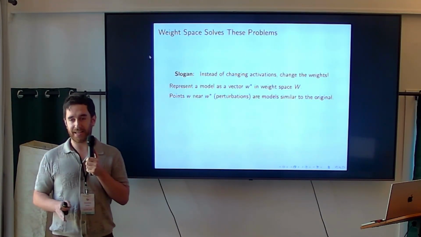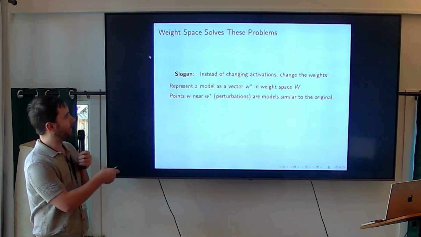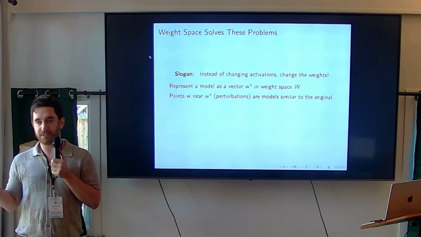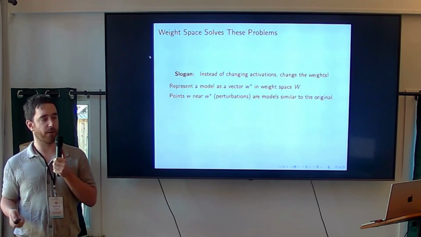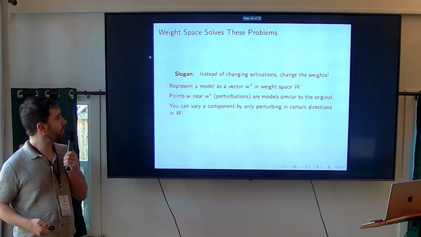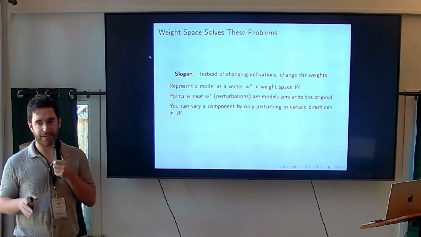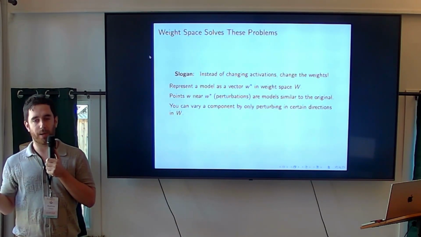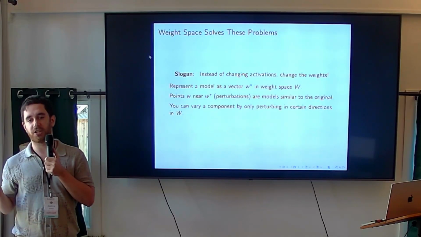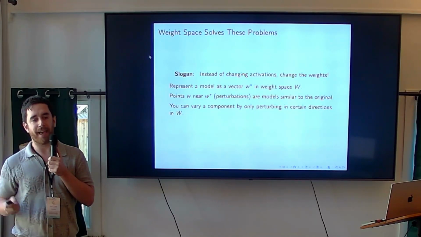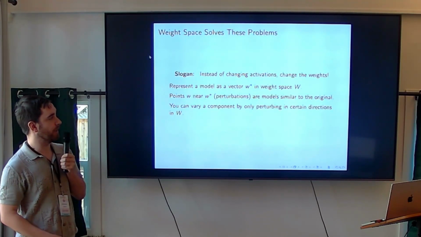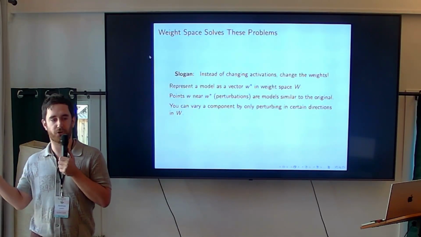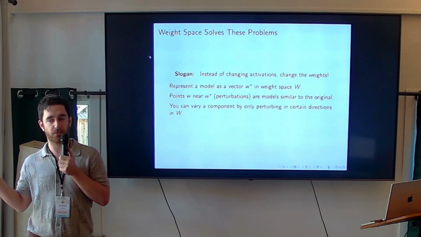So instead of taking activations and changing them, we should try and find other sets of weights that are similar to our original one. You can vary a component, because the weight space has an entry for each individual weight. If I cared about varying just a single attention head, that corresponds to a subspace in W, which means I'm only perturbing in certain directions and I'm keeping others fixed.